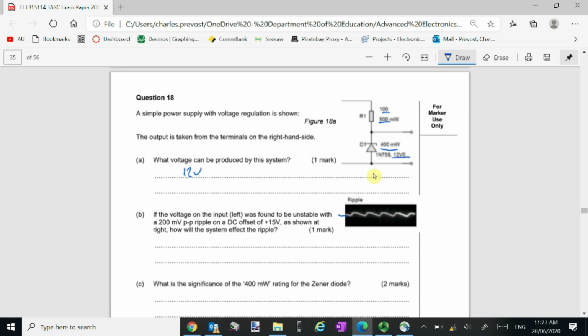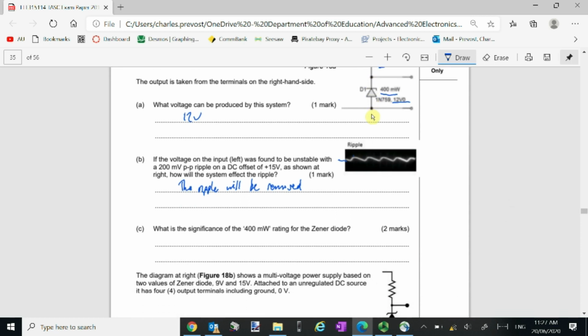So the point of the Zener diode is that as long as there's enough current flowing through it, the voltage across it will be pretty much constant, and so the ripple will be removed. And so what you're going to see is a little bit extra current at the peaks of the ripple, a little bit less current at the troughs of this ripple, but most of that voltage drop will happen across this resistor here.